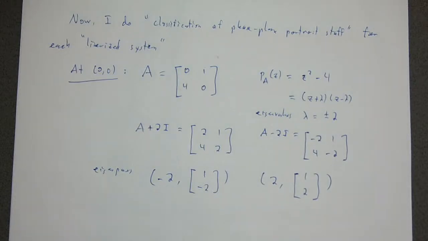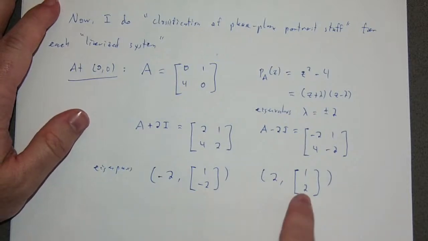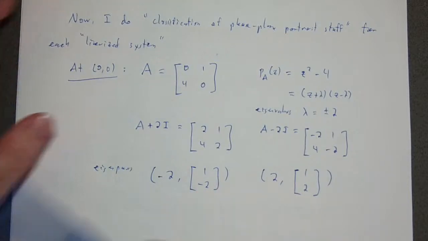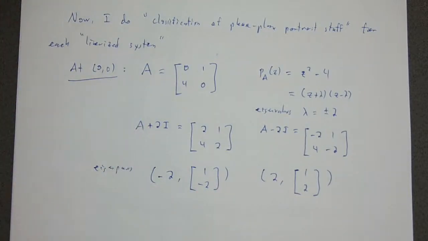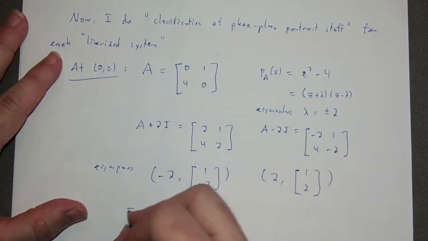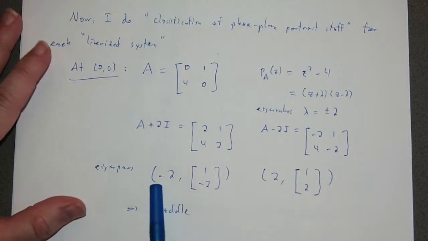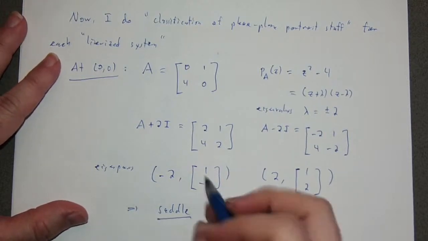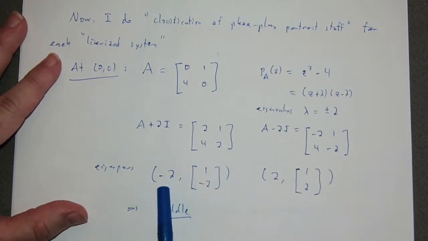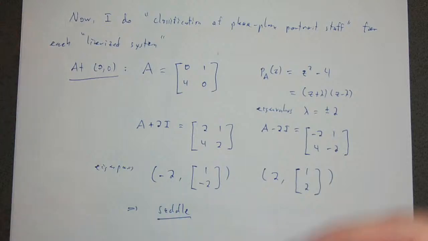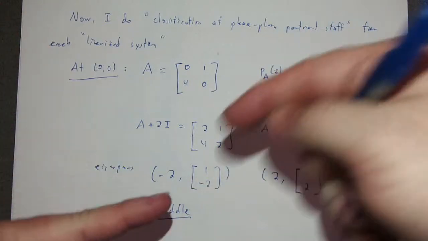So then what does this give me when I have eigenpairs for a coefficient matrix? Both real eigenvalues, one is negative, one is positive. Well, this gives me a saddle. So along the eigensolution or line solution associated to this thing, I'm going towards the origin, right?